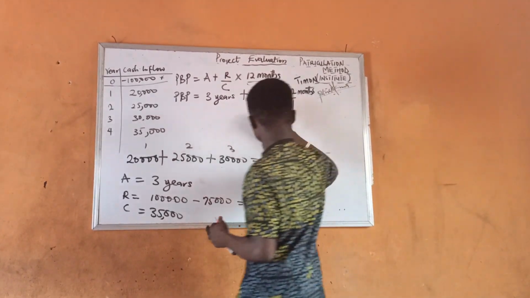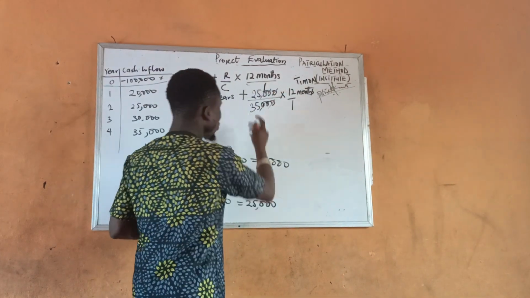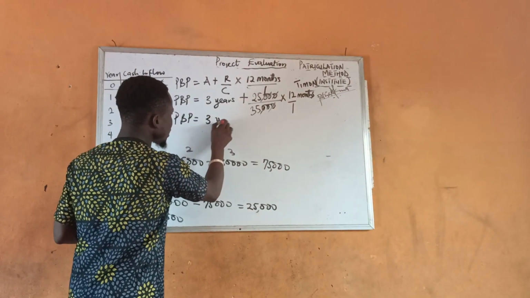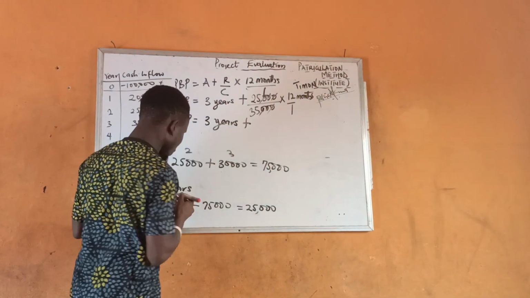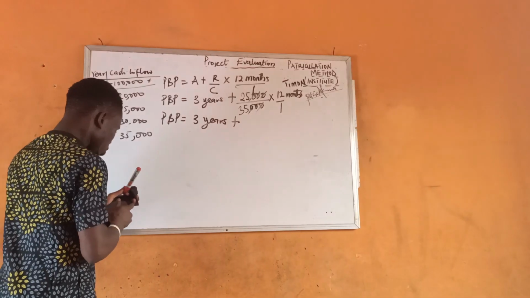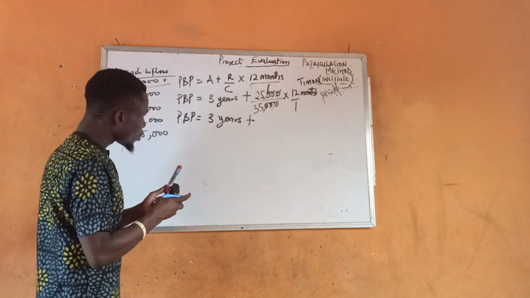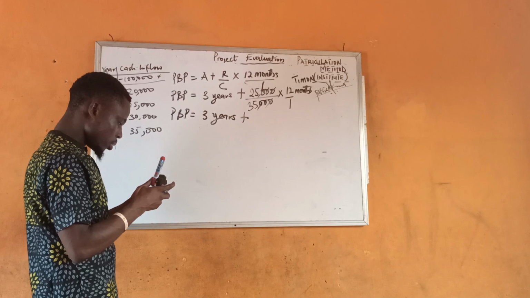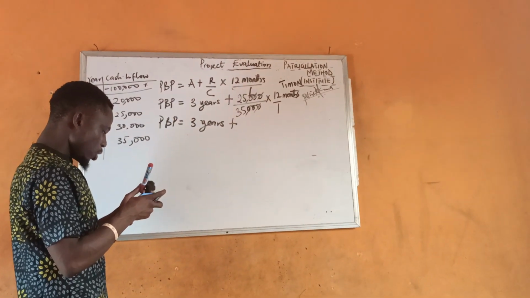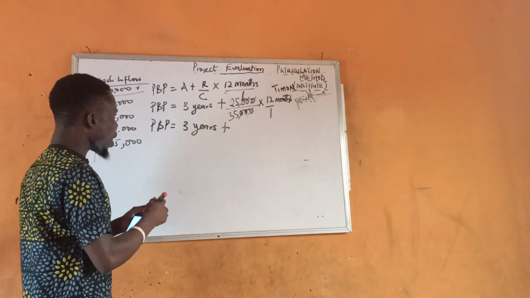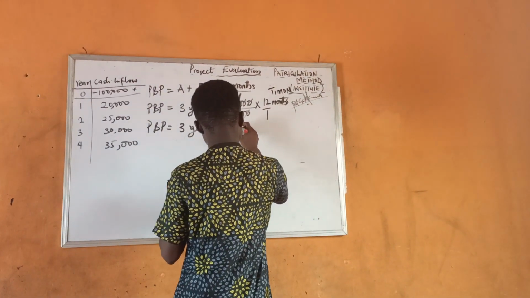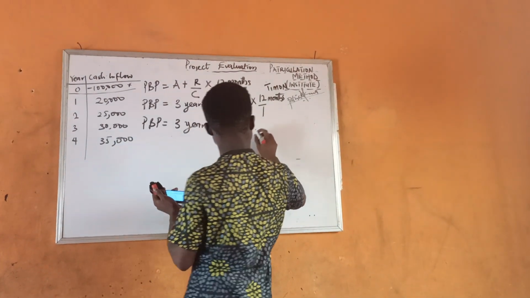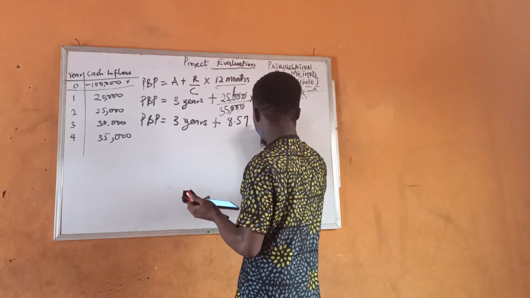So this divided by this, I'll have PBP equal to 3 years plus 25,000 divided by 35,000 multiplied by 12. I'll have 8.57.